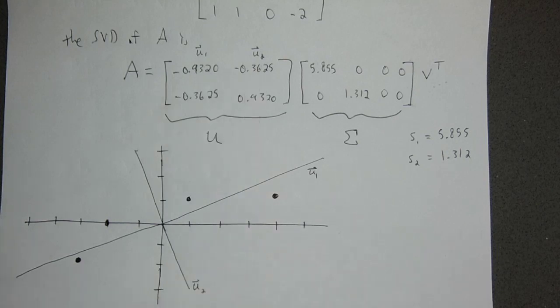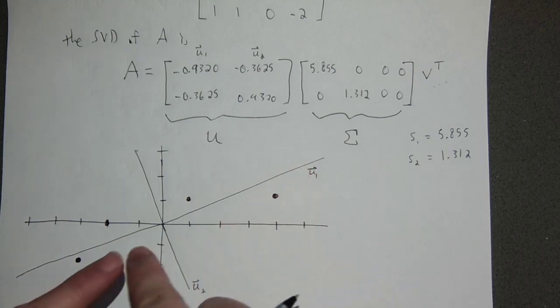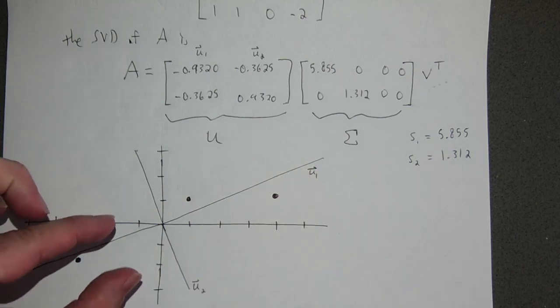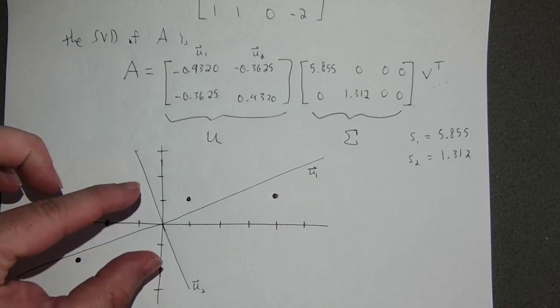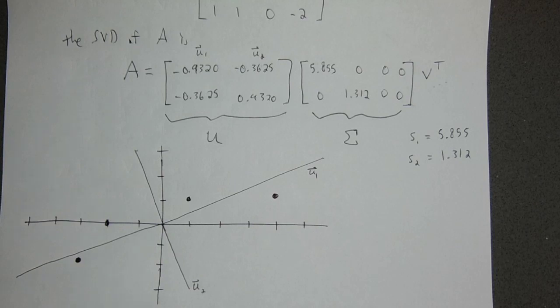Well, what it looks like is that while my points are spread out a lot in the u sub 1 direction, they're not spread out very much at all in the u sub 2 direction. Okay, so what does that mean? What's a nice way of making that more precise?